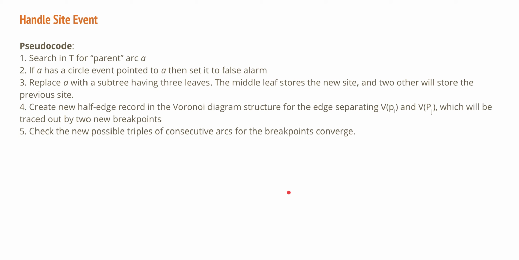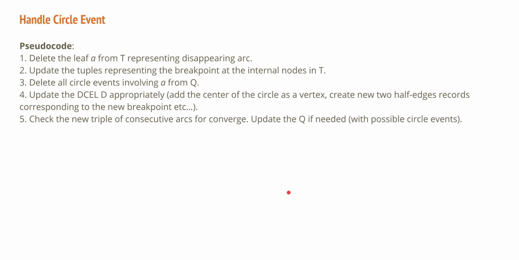We have to check for new possible triples of consecutive arcs whose breakpoints converge at any time we have a new arc. And if we find such a triple that may converge in the future, we add it to the events queue. When handling a circle event, we have to delete the leaf from the tree structure. We have to update the tuples and the internal nodes in the tree structure. We have to update our DCEL, and most importantly, we have to check if there is a new triple of consecutive arcs that converge, and update them if needed.